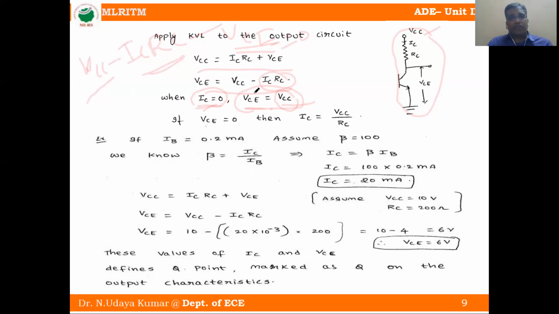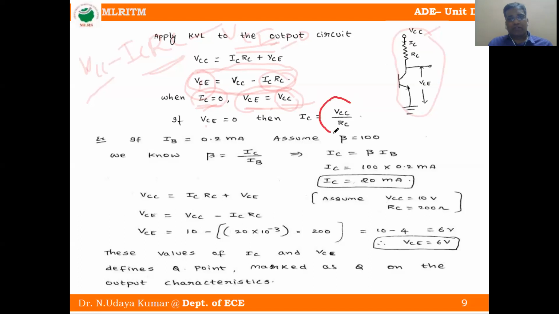Similarly, from this equation, when VCE is equal to 0, the collector emitter voltage is equal to 0. What happens? VCC is equal to ICRC. Then IC is equal to VCC by RC.